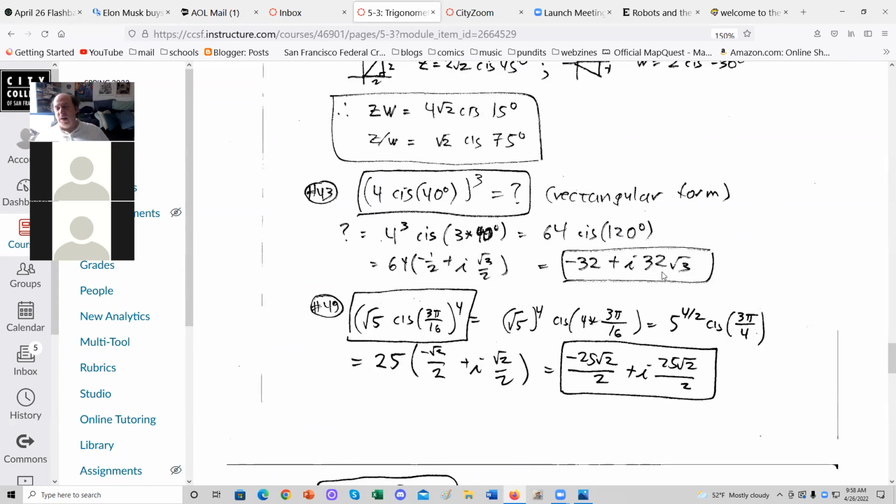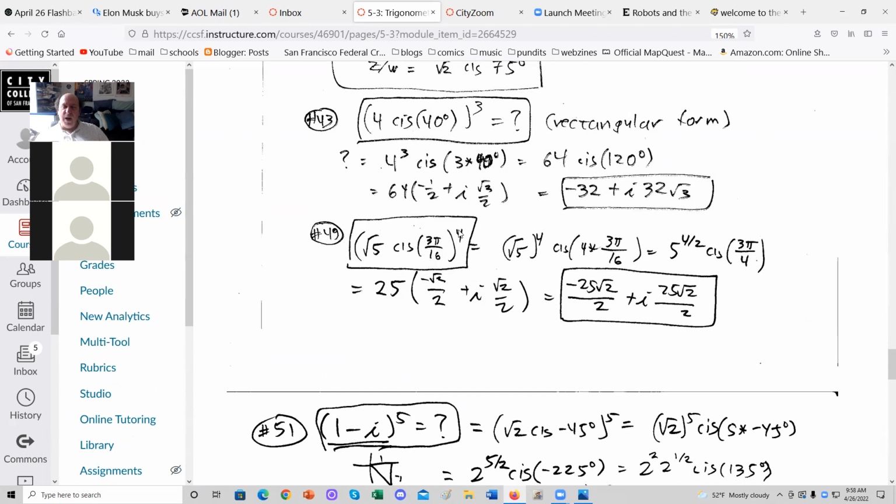Now we already saw earlier, cis 120, cosine is negative a half, sine is root 3 over 2. So cis 120 degrees is minus a half plus i root 3 over 2. That times 64, you multiply throughout, a factor of 2 cancels. We get negative 32 plus i 32 root 3. And there we are.